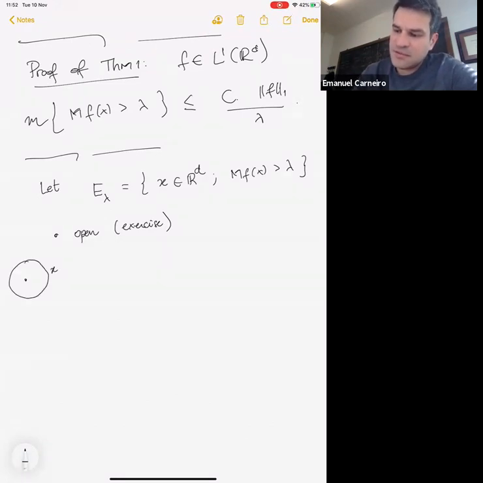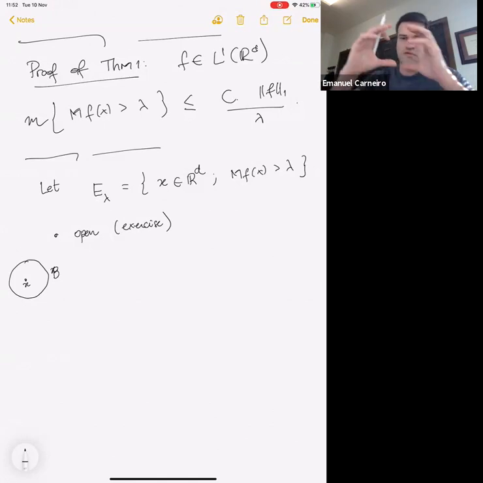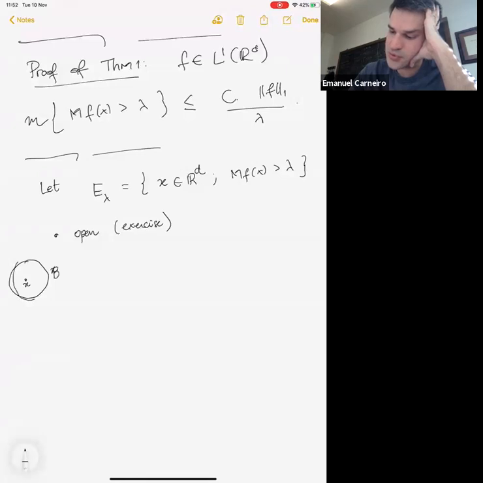And then you can just move x a little bit and still consider the same ball, or maybe just move the ball a little bit. And this won't affect the result if you just move your ball a little bit in the neighborhood of x.